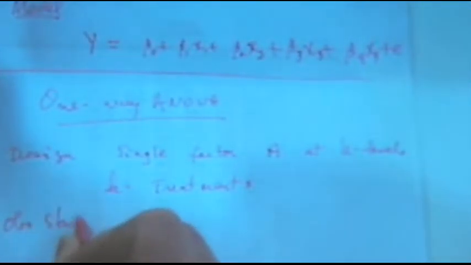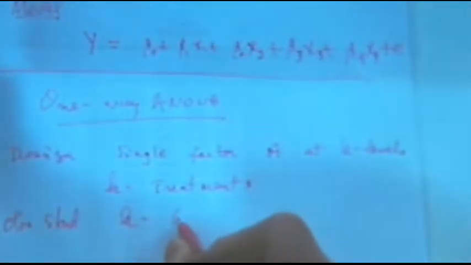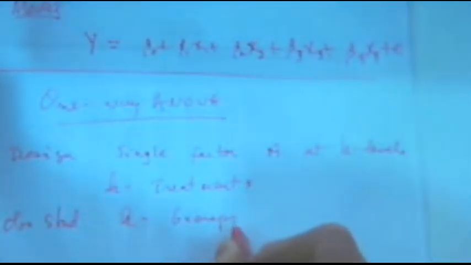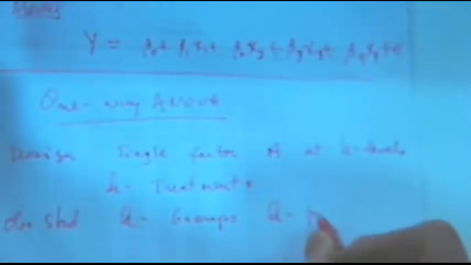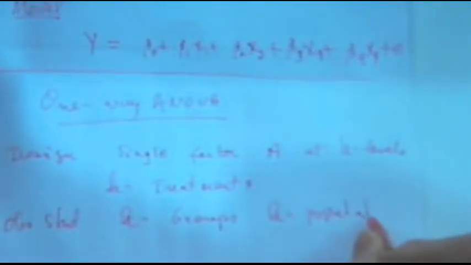It could be an observational study, where we just have K groups, or K populations. And then your data consists of, suppose it's a completely randomized design.